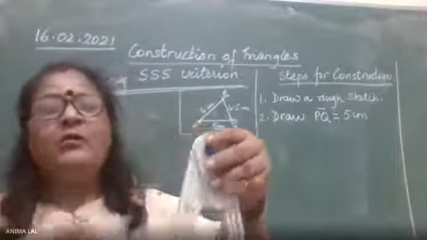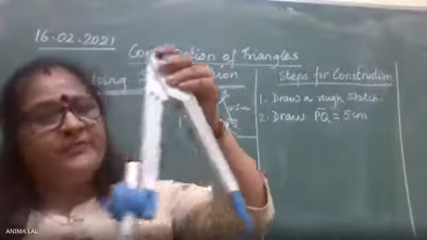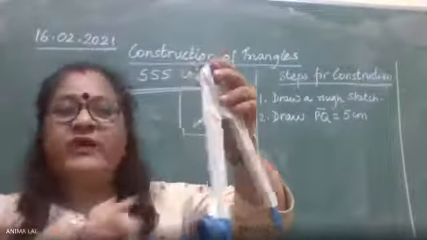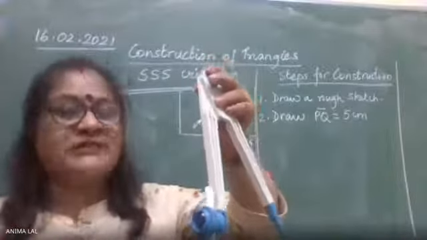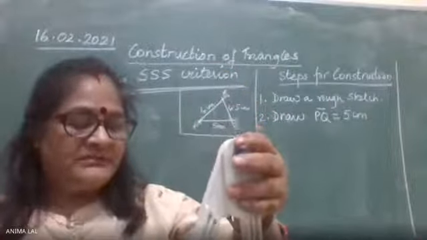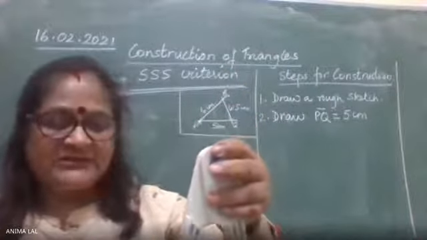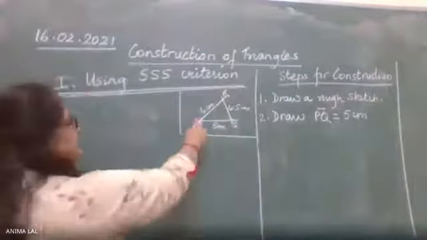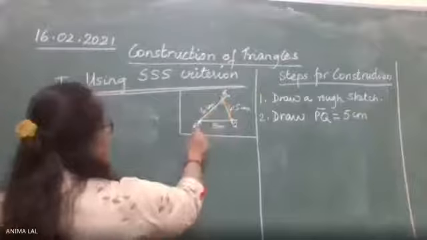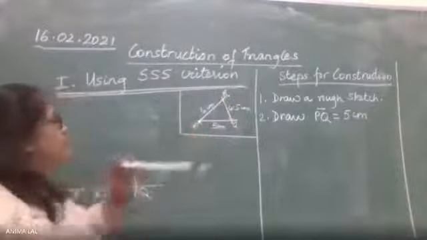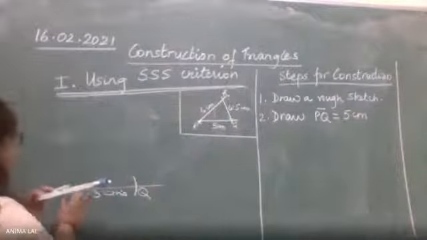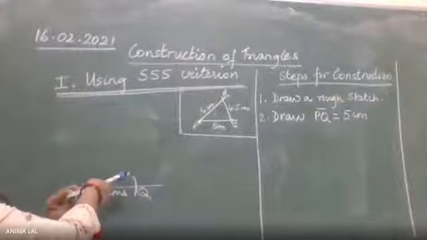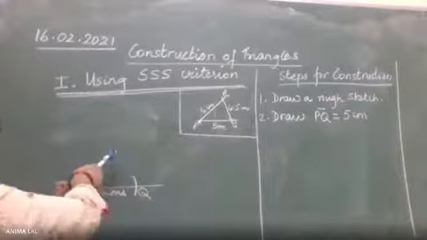Once you get 6 centimeters, make sure your compass does not move, the arms do not move. It should be tight, okay? Check again whether it is exactly 6 or not. Then again, 6 centimeters is point R from P. So with P as center, you draw an arc.